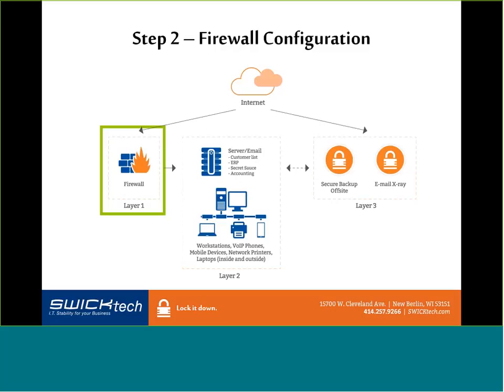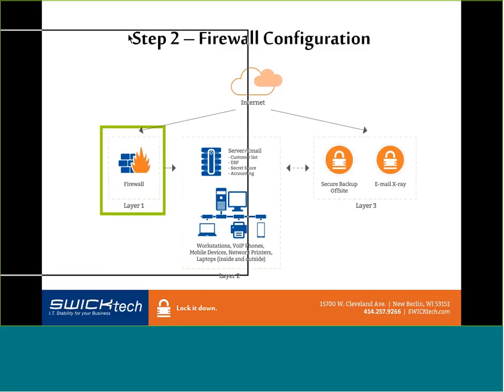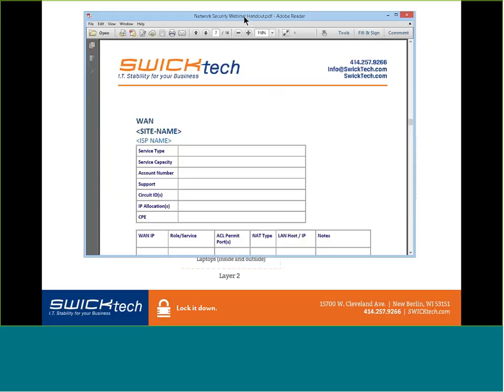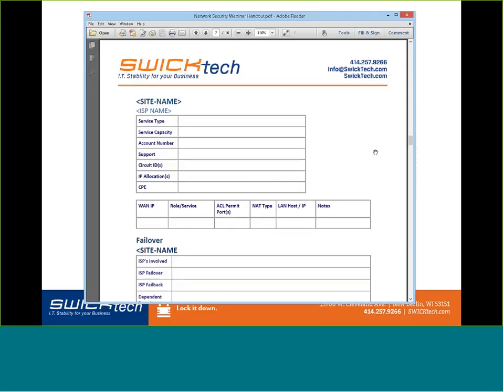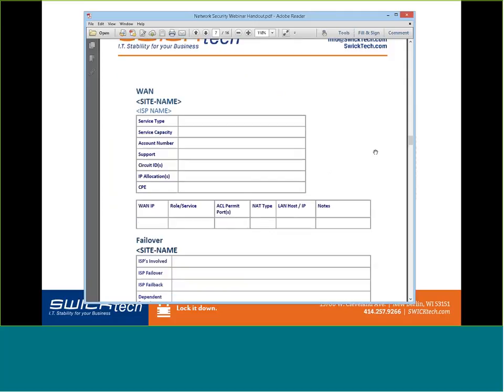In your packets, you'll find wide area network documentation. This documentation is just the kinds of things that we recommend that you keep. Get it filled out, know and understand where this data is or where the configuration is so that you can protect yourself.